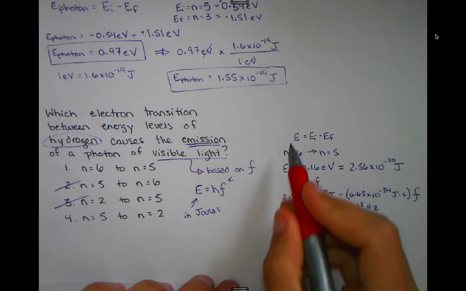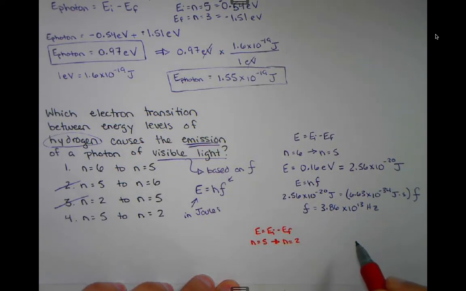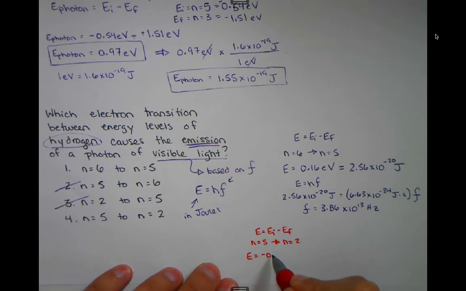Again, I'm going to start at the beginning. E equals initial energy minus final, and we're going from n equals 5 to n equals 2. So I get E equals n equals 5, which has an energy of negative 0.54, minus n equals 2, which is negative 3.4.